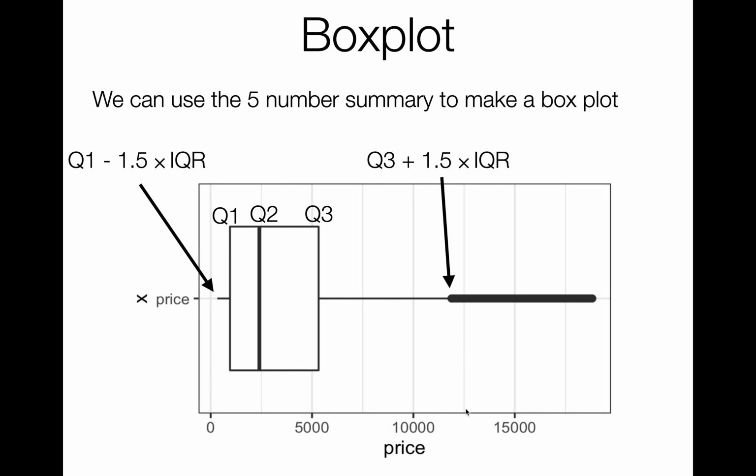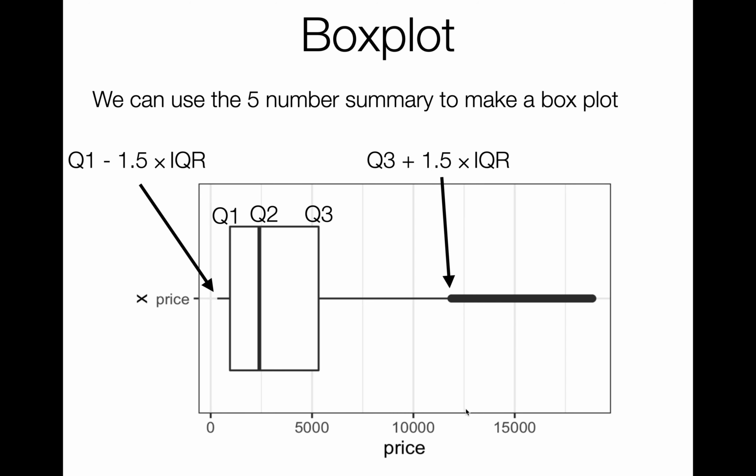We can use these values to make what's called a box plot, or you may know it as a box and whisker plot. It has a box in the middle, and then it has whiskers on the ends. I'll go through here in some detail what a box plot is.